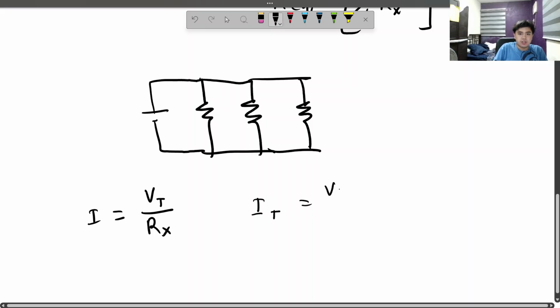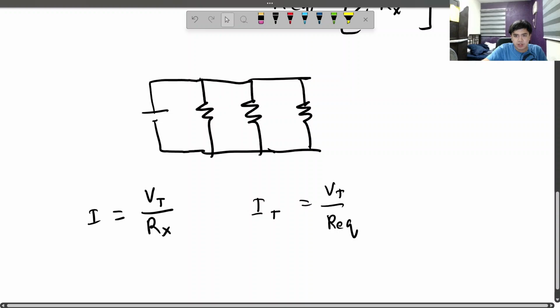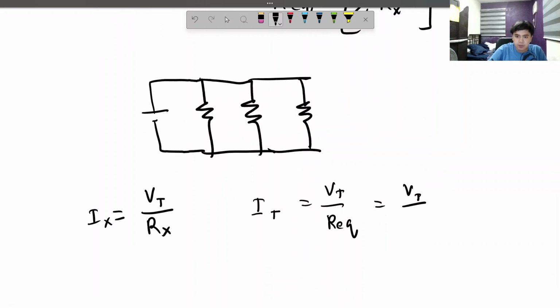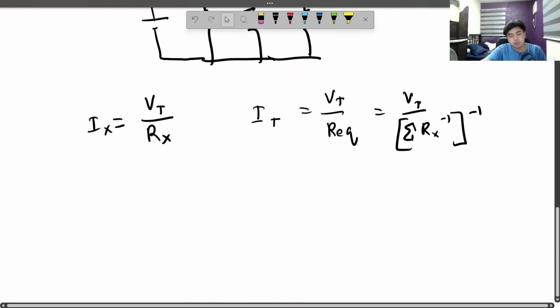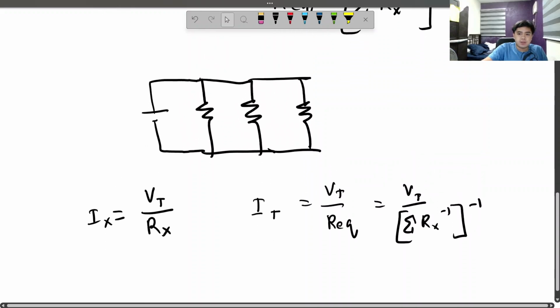So I_T is equal to V_T over R equivalent, right? That is just Ohm's law. And we can rewrite R equivalent like that. So that's going to be V_T over the sum of R_x to the negative 1, all to the negative 1. So in here we have V_T. Here we have V_T. Let's try to put V_T in its place.